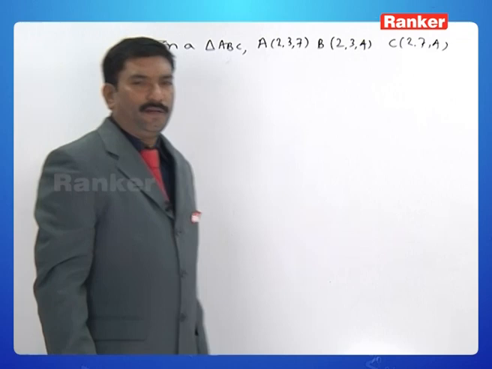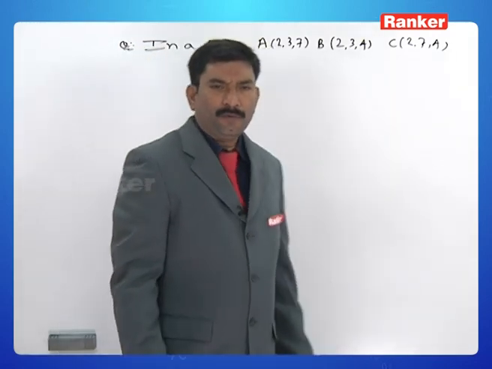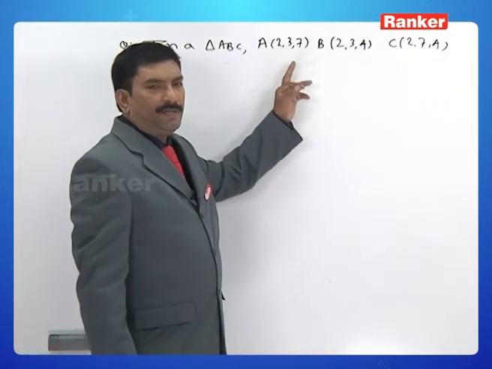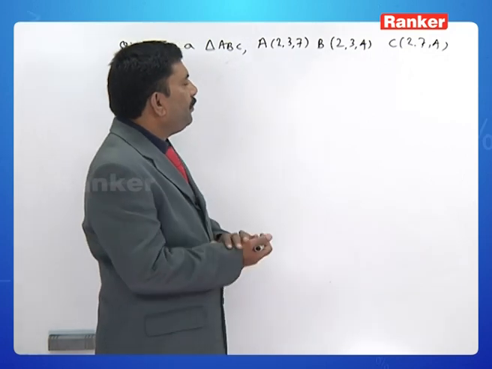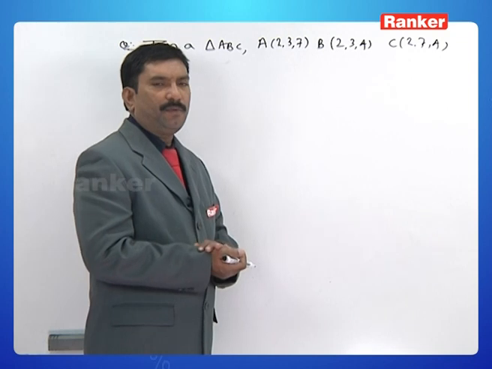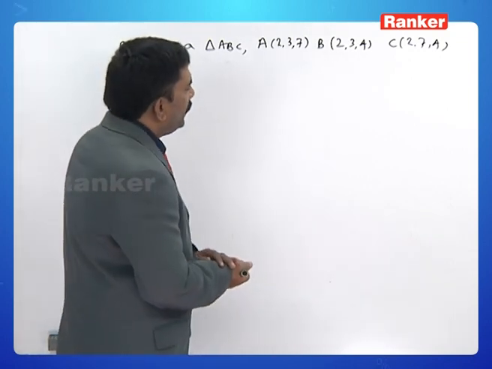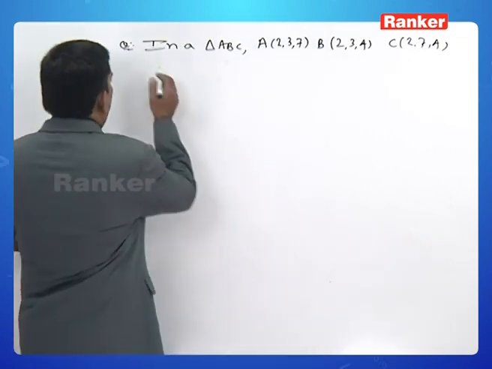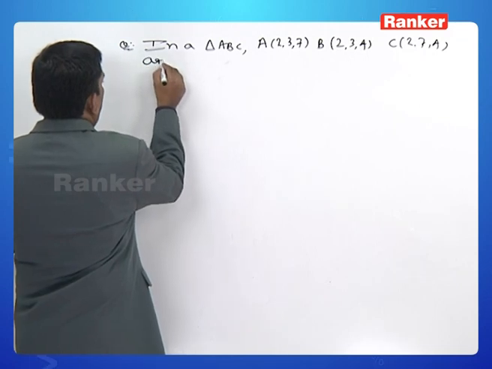Yes, in a triangle ABC, A of 2, 3, 7, B of 2, 3, 4, C of 2, 7, 4. Yes, you can very well observe these are the vertices.